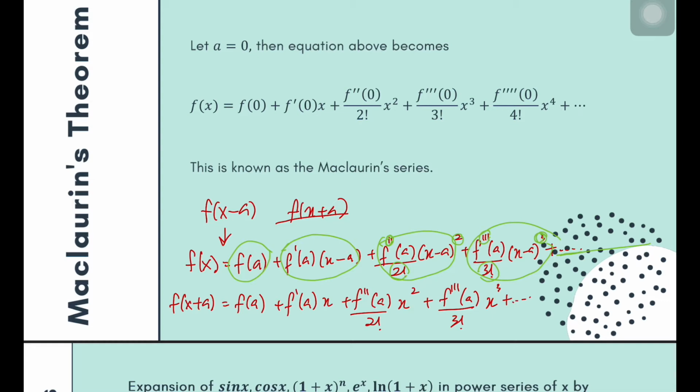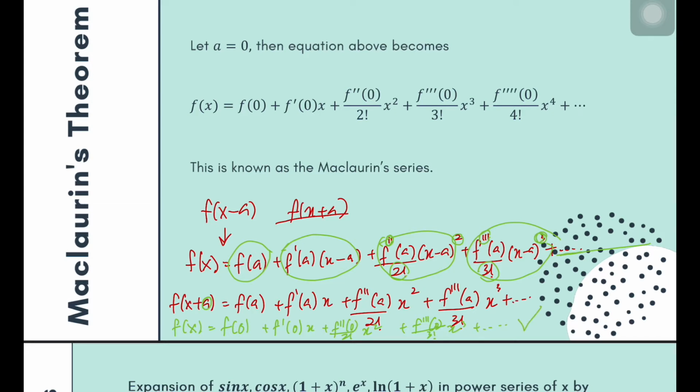So now let's say we assume the value of a here is equal to 0. Therefore, from here, we will get f(x) is equal to f(0) plus f prime 0 x, plus f double prime 0 divided by 2 factorial x squared plus f triple prime 0 divided by 3 factorial x cubed plus dot dot dot.